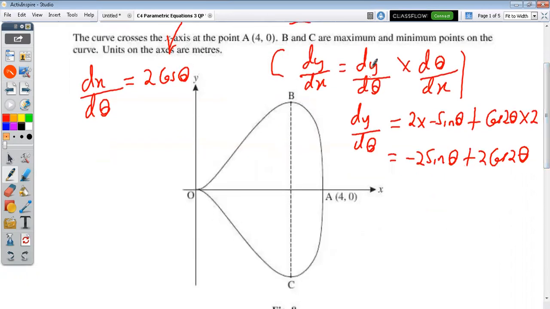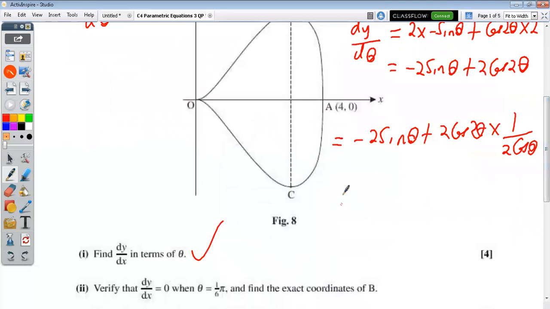Then apply this here. We said dy over dx is negative 2 sine theta plus 2 cos 2 theta multiplied by the inverse of this, which is 1 over 2 cos theta. So now let's factor out the 2.